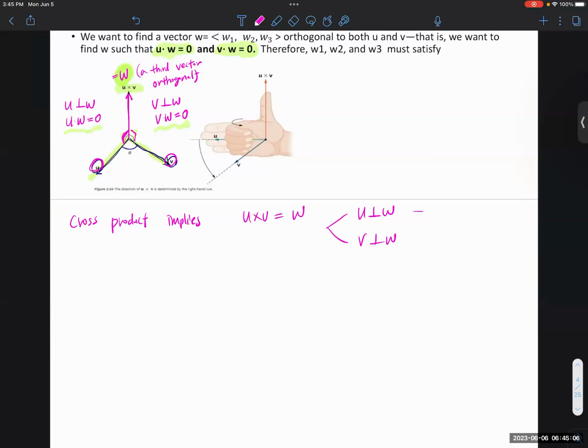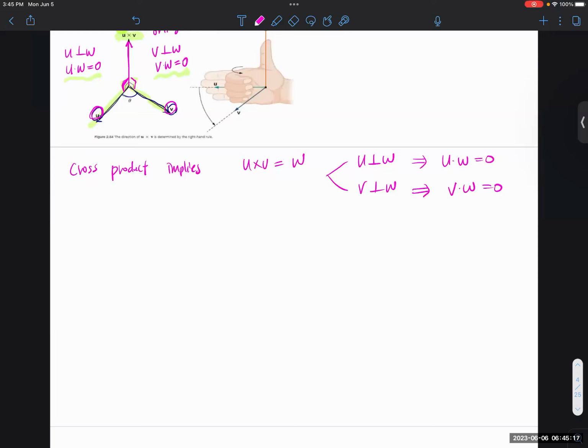Mathematically, perpendicular means u dot w equals 0 and v dot w equals 0, because that's creating 90 degrees. So let the w vector be x, y, z.